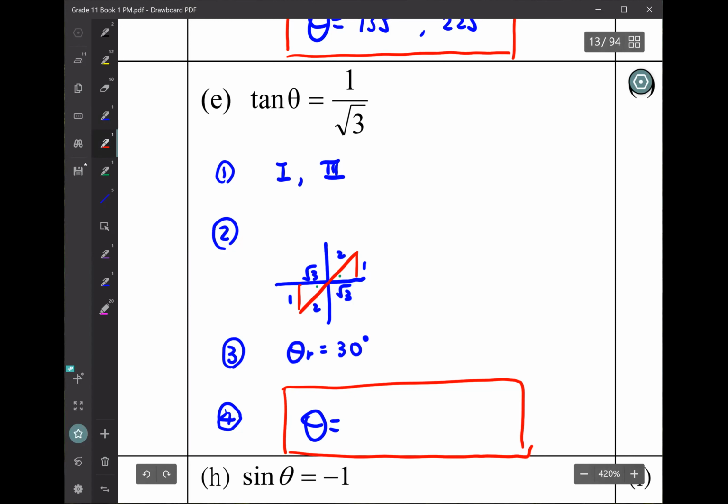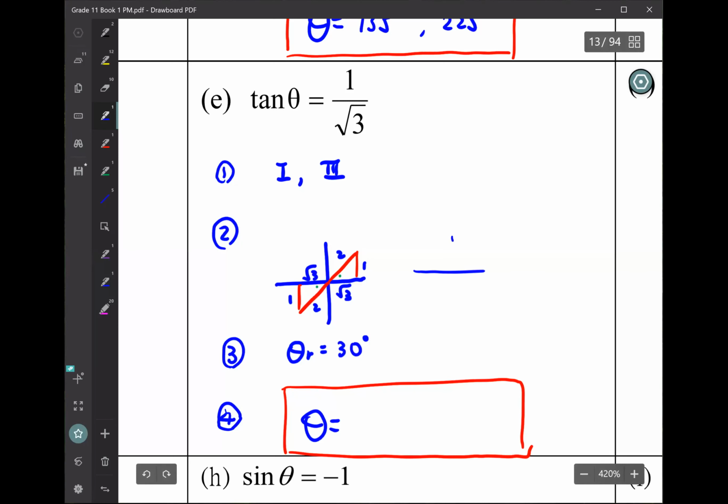Marcus, what are the 2 answers? One of them would be 60. 60, there's no 60 anywhere. Wouldn't it be 90 minus 30? Okay, the first one, right?